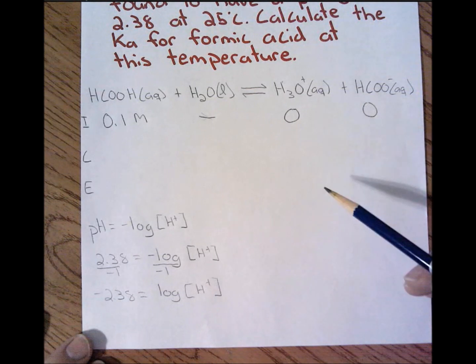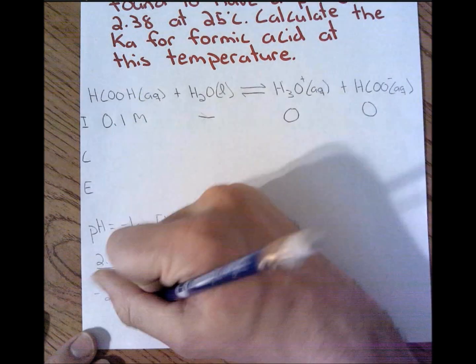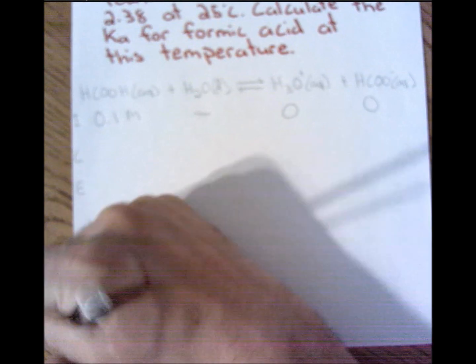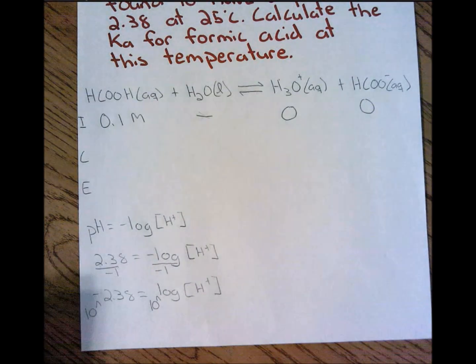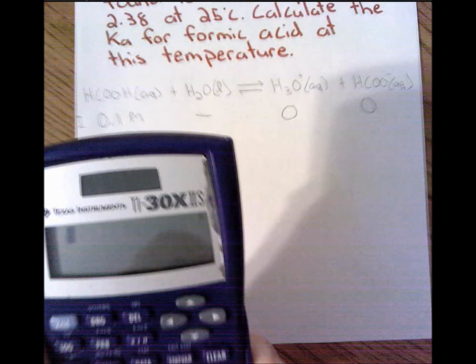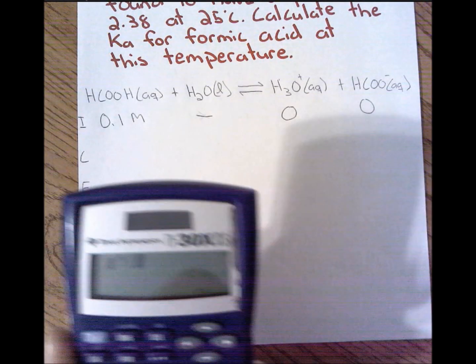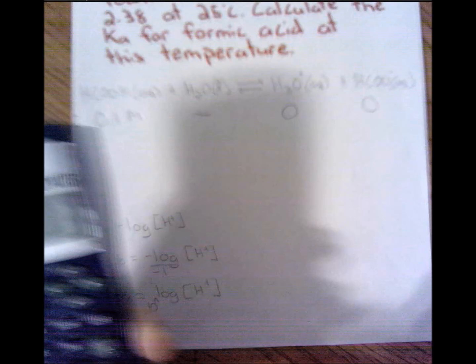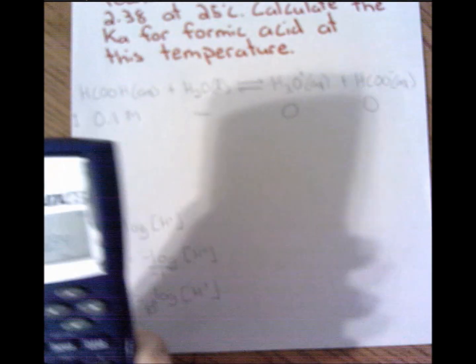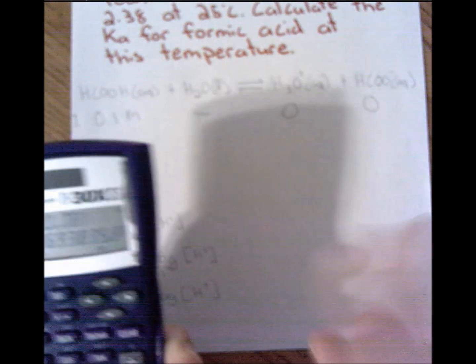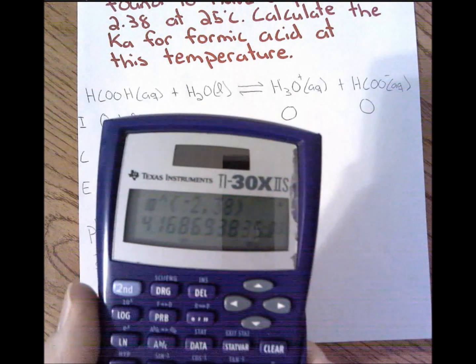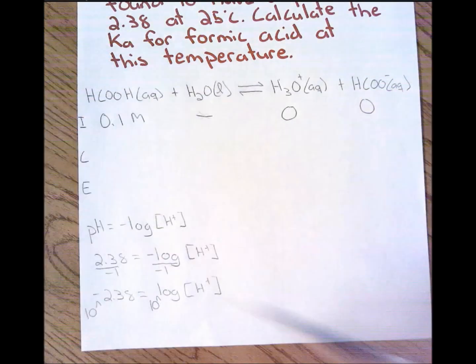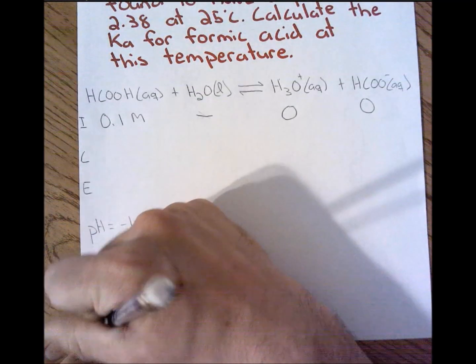So I'm going to grab my calculator here, and I am going to take the inverse log of -2.38. Now, I had 3 digits, so I'm going to round my calculation to 4.17 times 10 to the -3rd. So this equals our H plus, which can also be exchanged for our hydronium ion concentration.